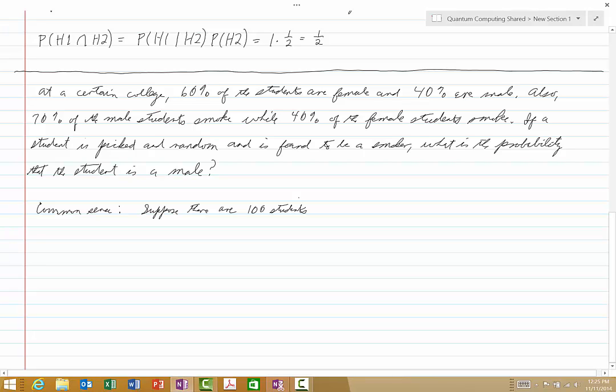Now, if there are 100 students, then according to the given information, you would have 60 female students and 40 male students. Now, of those females, 40% of the females smoke. So you would have 24 female smokers and 36 female non-smokers.